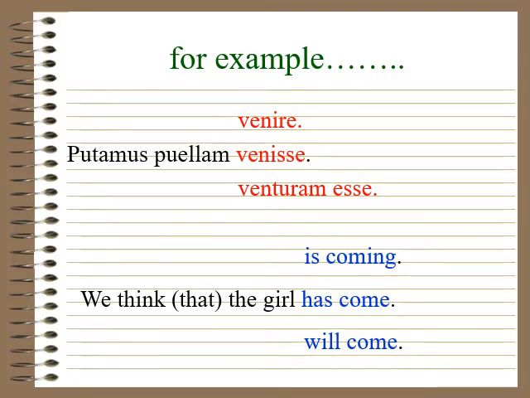If you want it to be before, you use venisse, which means has come. Or if you want to use after, use the future infinitive, venturam. Remember, they have to agree with the accusative, which is the subject of that statement, in this case the girl. So that's why it's am at the end of it, and that means will come. So you can see how the tense changes, even though the main verb is present.